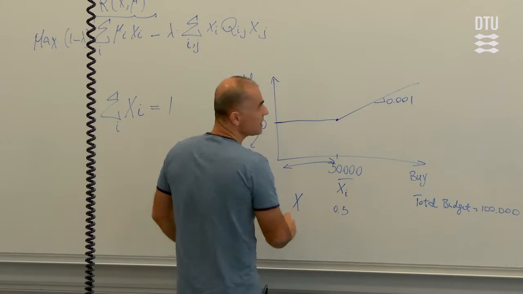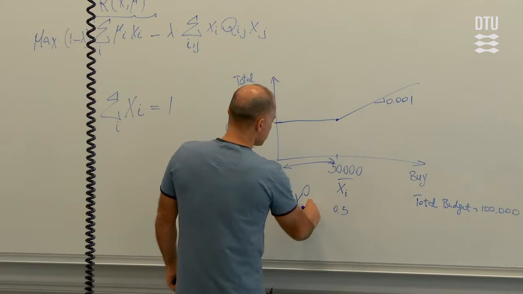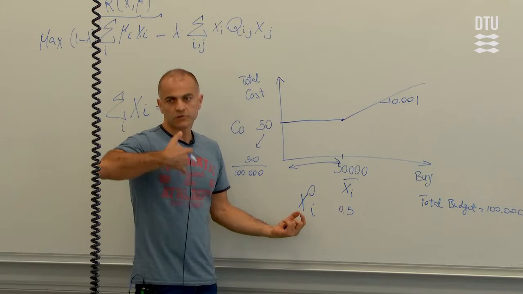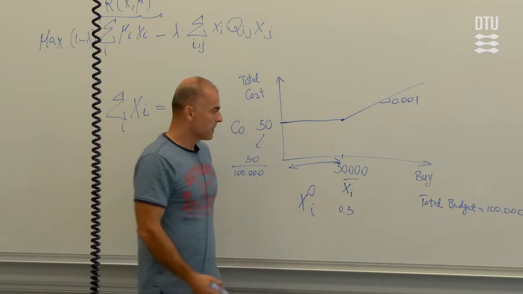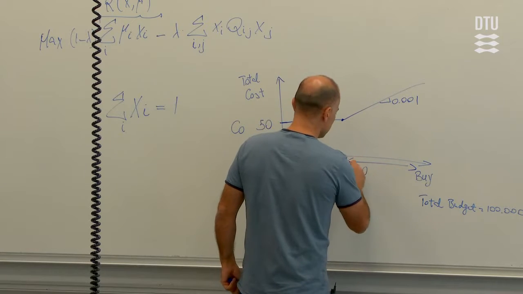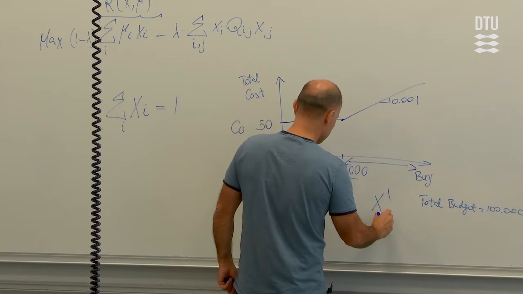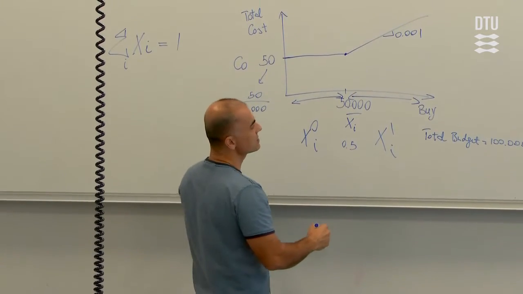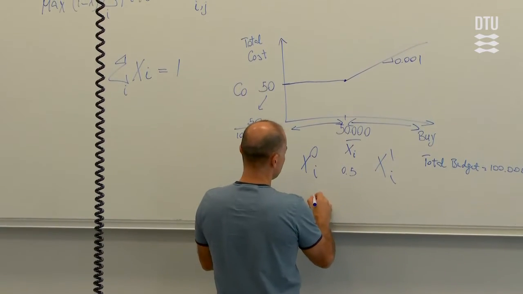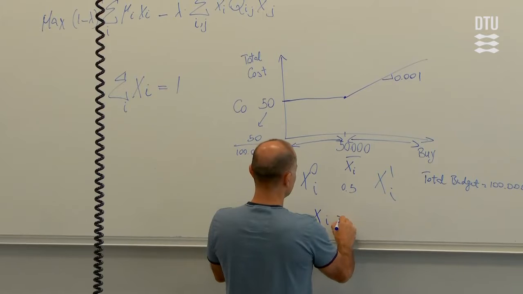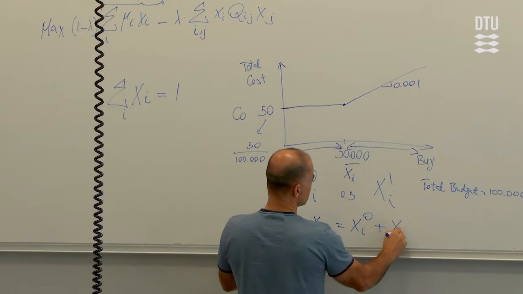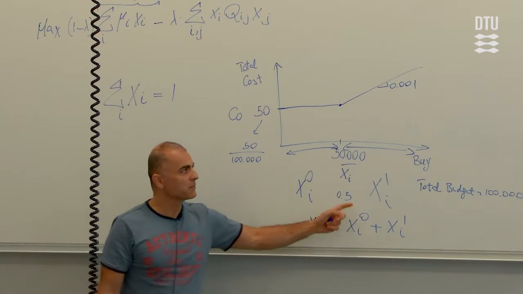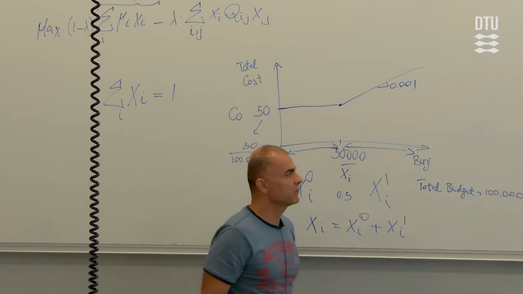So this area is Xi0. Whatever falls below X bar, we want to save in this variable called X0. And anything in excess of that would be X1, right? So the first thing I'm doing is decomposing X, which is how much I'm buying. So my Xi is now equal to Xi0 plus Xi1, right? The part applicable to the fixed cost and the part applicable to the variable cost.